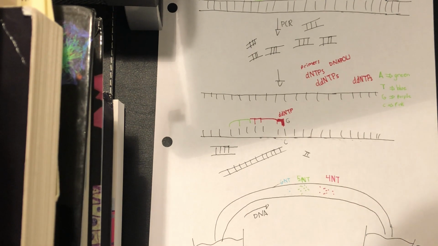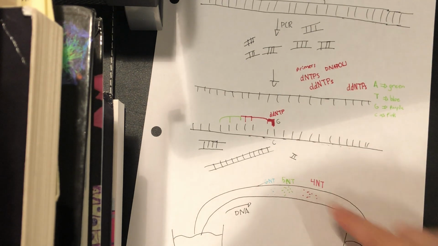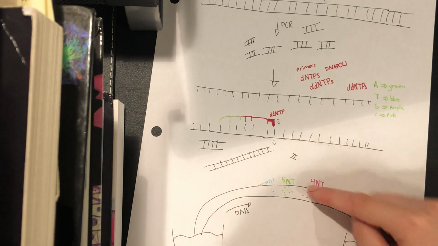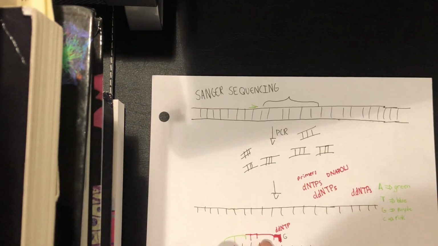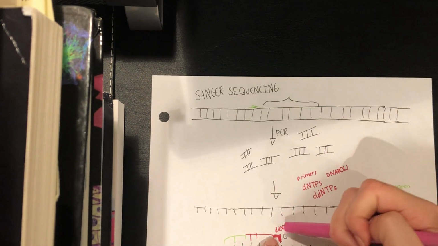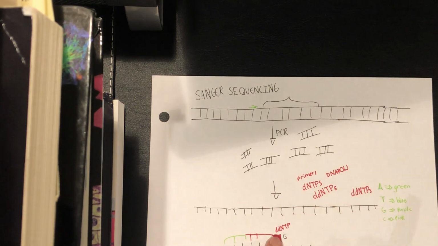And so then what's happening is when this DNA molecule comes into this fluorescent dye detector, it's going to detect whatever fluorescent dye was attached through that ddNTP.